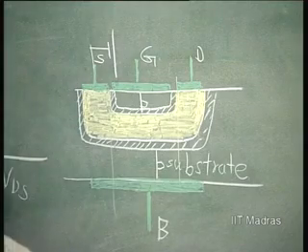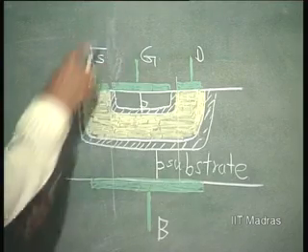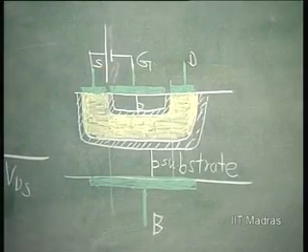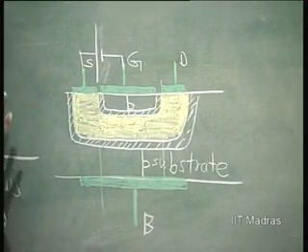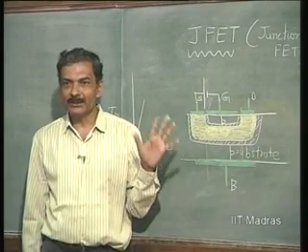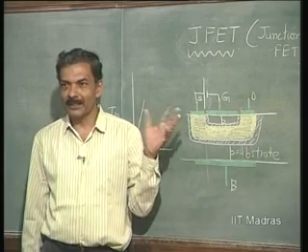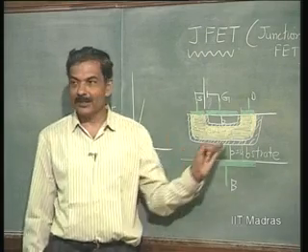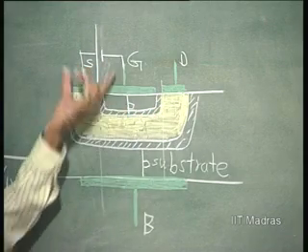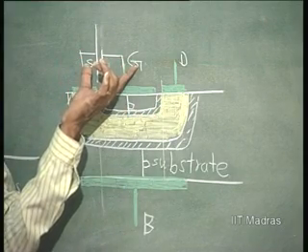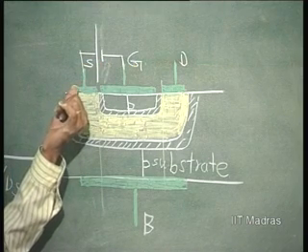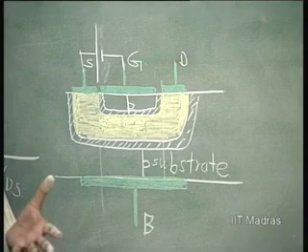So, please remember for the same N channel MOSFET, we had to bias it with positive voltage. That is because we wanted to cause a channel to exist. Here the channel is already existing, right. So, in this particular case, as far as the gate is concerned, it must be always reverse biased with respect to this source, so that the gate current is not drawn.